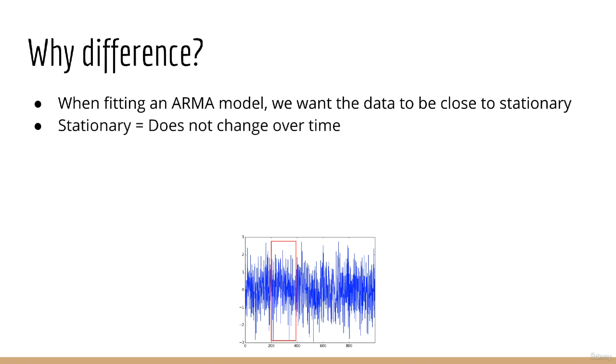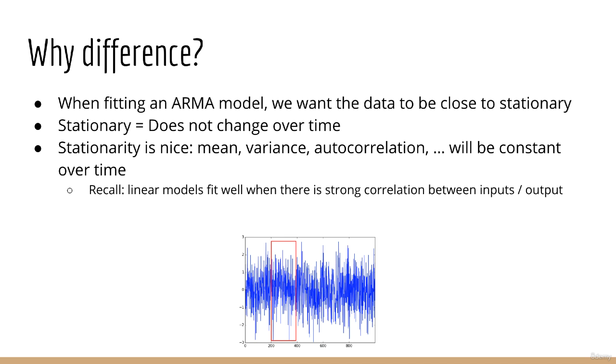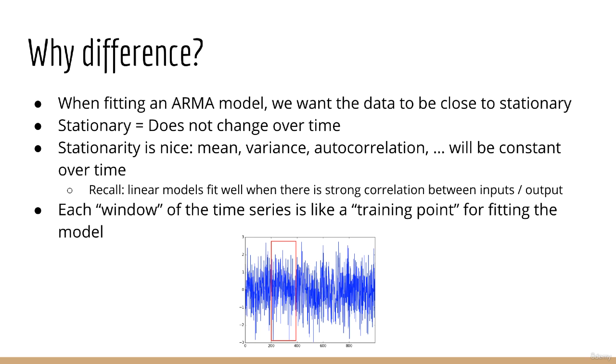There are more details we can discuss regarding stationarity, but we will leave this for a later lecture. Stationarity is a nice property because it means that various statistics, such as the mean, variance, and autocorrelation, will remain constant over time. This is a good thing when you're trying to fit an ARMA model, because remember that each window of the time series is like another training point when you are fitting the model.